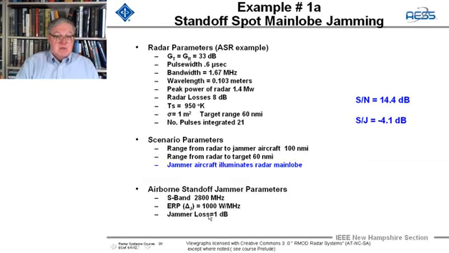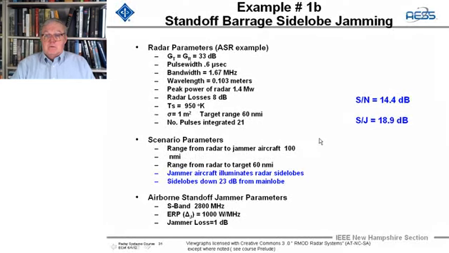It's right on S-band. The losses in the jammer are this, and it's operating a kilowatt per megahertz. The signal-to-noise ratio would be 14 dB, and the signal-to-jammer ratio minus 4 dB. So you're going to significantly degrade it in standoff in the main lobe.